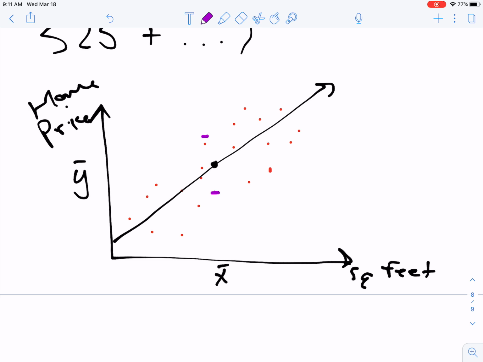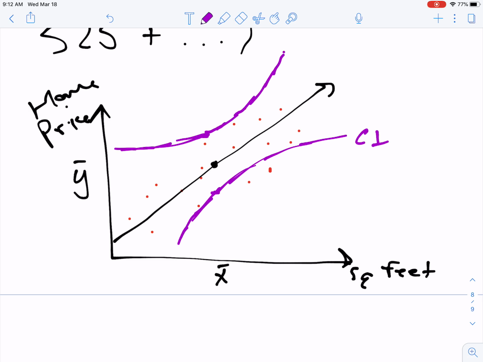But then as we move away, we're going to get penalized for moving away from the value of x. So we kind of get this bowing out. How much of this bowing out happens will depend on your data. But that might be our confidence interval. So that's when we're guessing the average value of y given different values of x.